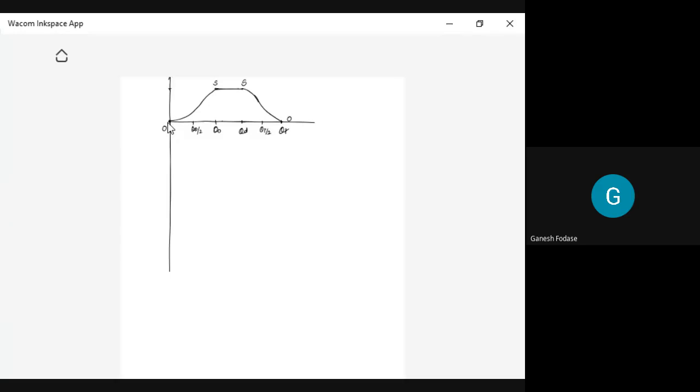As I want to draw graphs for displacement, velocity, acceleration, I just draw like this. Now this is theta O by 2. This is theta O. This is the dwell period. Half of the return stroke and end of the return stroke. Now tell me how to draw the velocity equations.